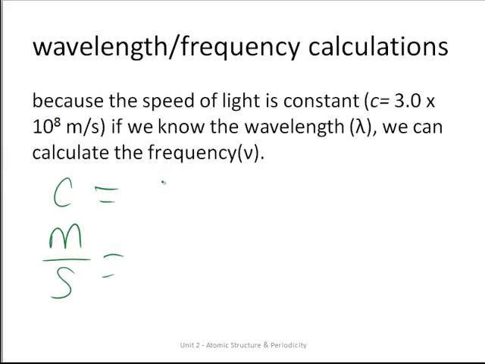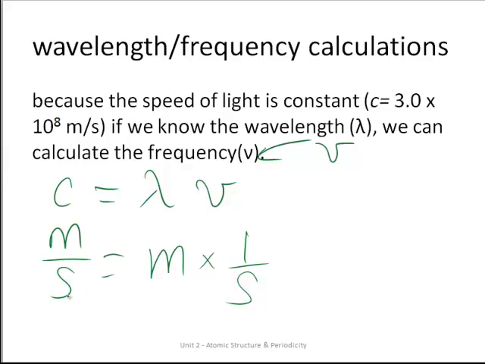So if we multiply the wavelength times the frequency, which we abbreviate with the Greek letter nu, we would be multiplying units of meters times reciprocal seconds, 1 over seconds, and so that, of course, gives us units of meters per second.